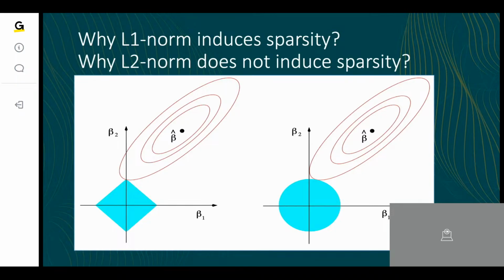But in case you had multiple features, it will become a sphere. And the intersection is such that the beta 1 value, for example, is very small, but it still exists. It's not pushed down to 0. Okay.